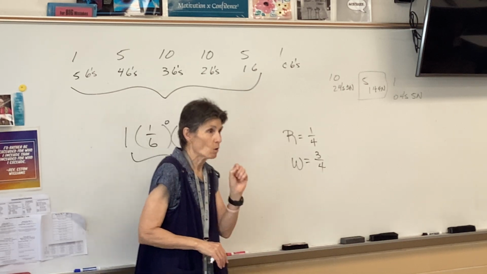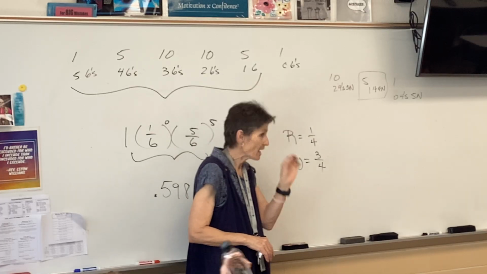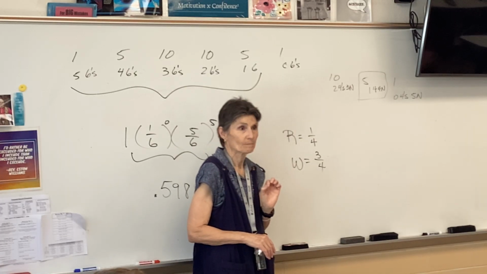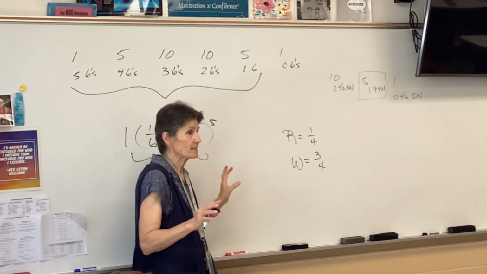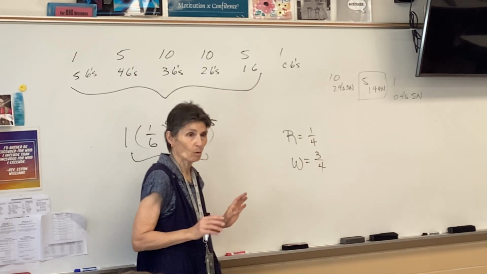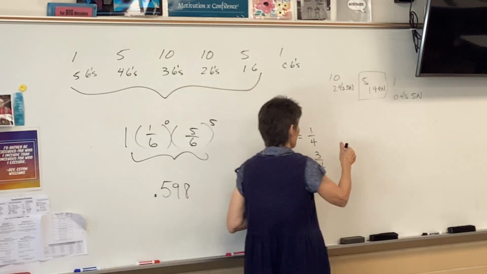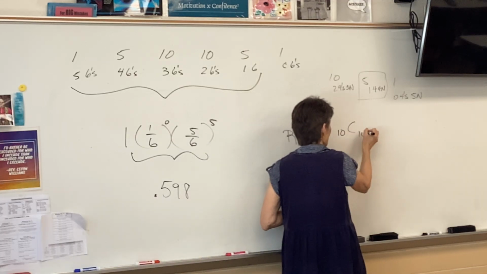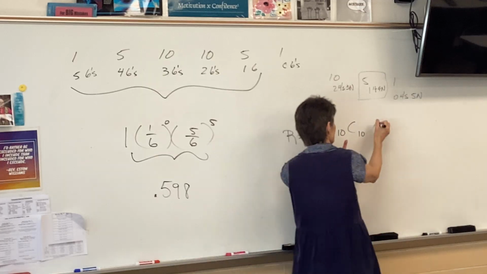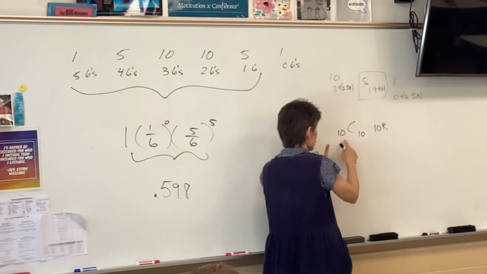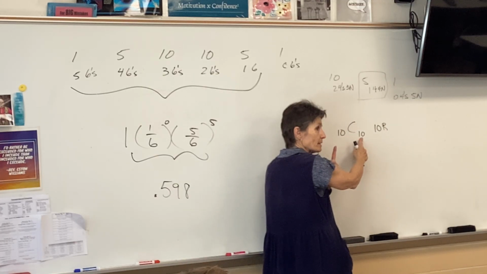So therefore, I would need the 10th row of the triangle. I had that written out, but I erased it, but that's okay. I don't want that whole row. I just need to remember that 10C10, the first number in the row, means 10 questions, 10 of them right.